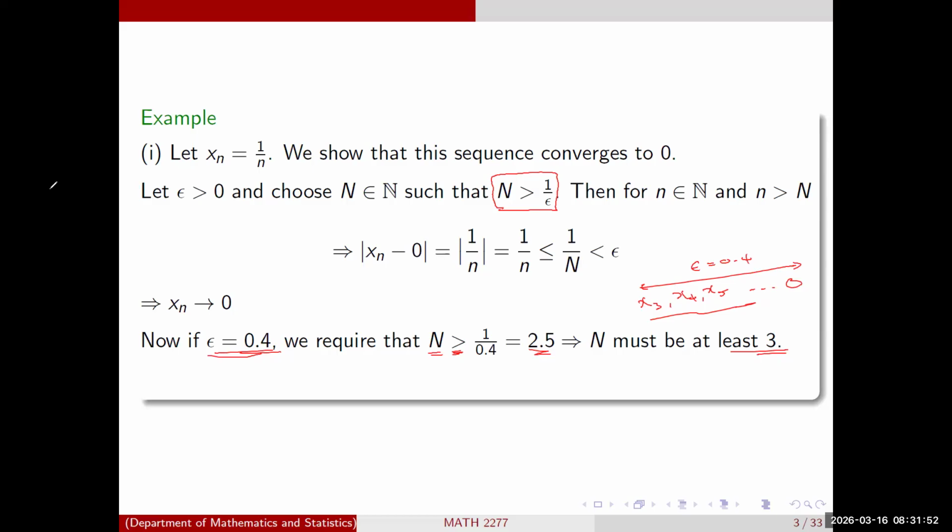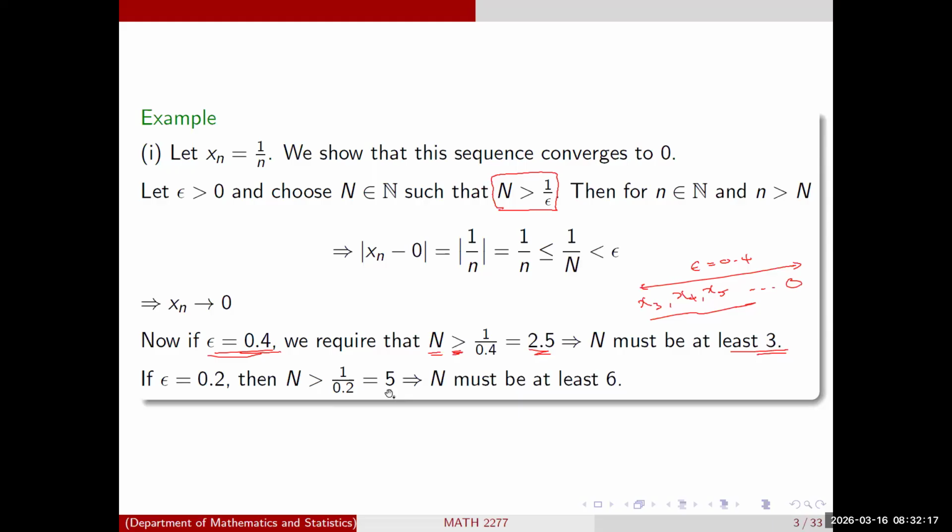Okay, so what happens if I now change epsilon? What if now I say, okay, I want terms even closer to this limit. I want terms 0.2 close. Then you say again, okay, no problem. You take that 0.2, you plug it into the relation for n and epsilon, and now you get n must be strictly bigger than 5.